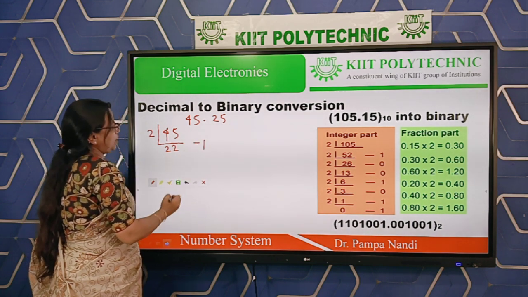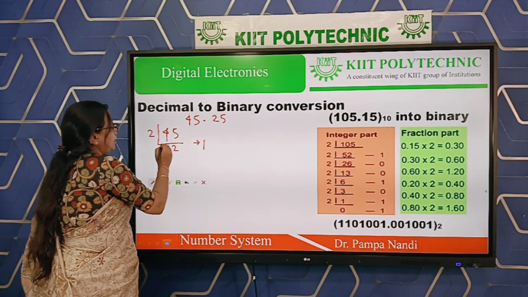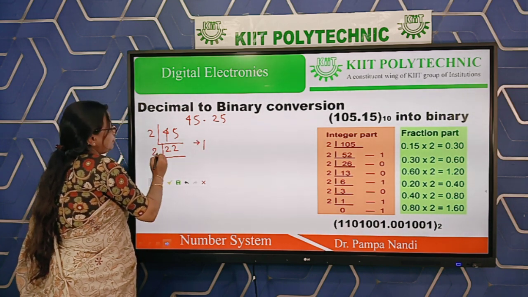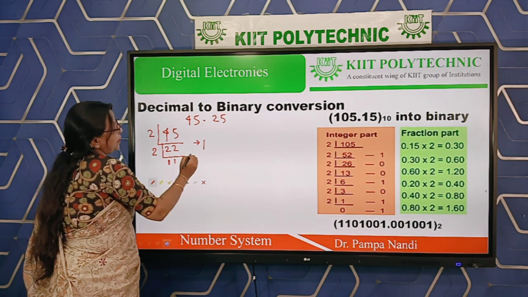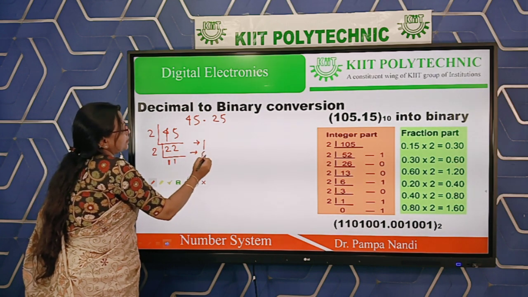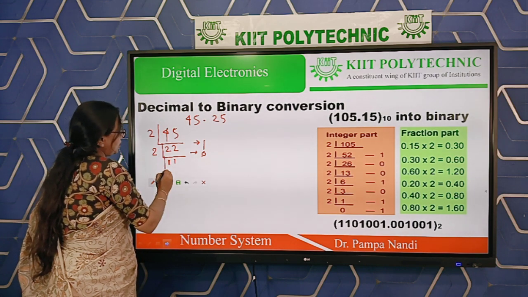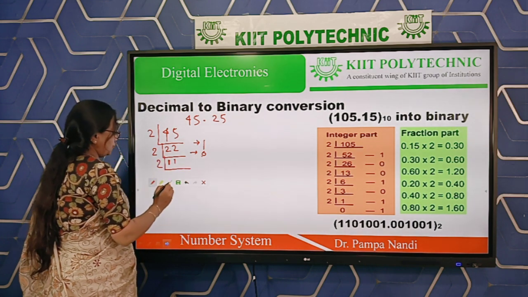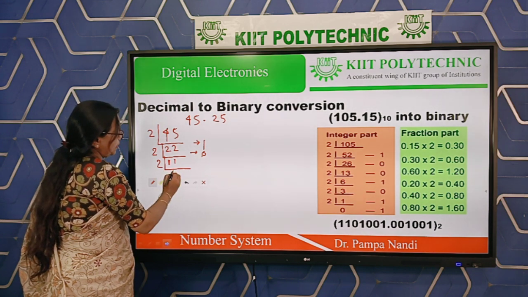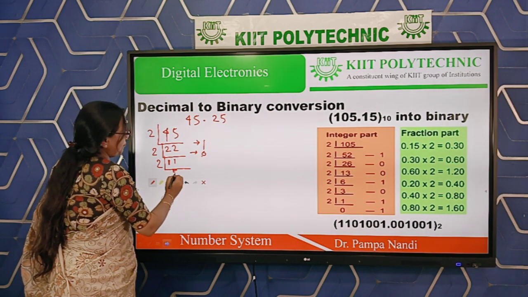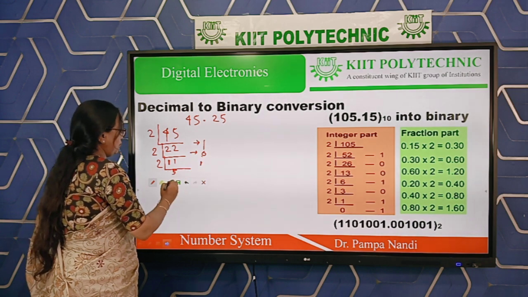Here I am writing 1. Okay. Now again dividing by 2, this is 11 and remainder is 0. Here again dividing by 2, then it becomes 5 and remainder 1.